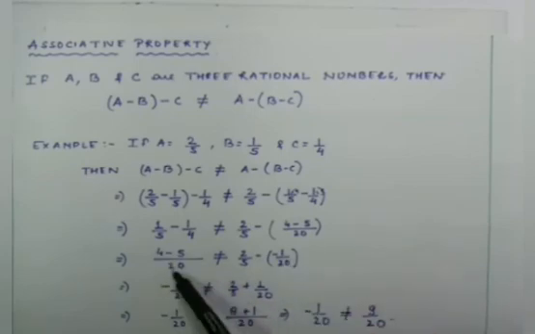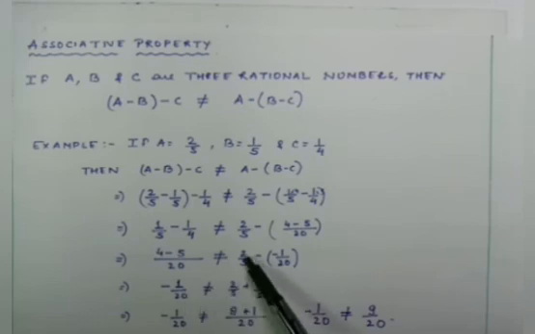So 4 minus 5 upon 20 makes minus 1 upon 20. This is not equal to 2 upon 5 minus, inside the bracket, minus 1 upon 20. Since the minus sign is outside the bracket, when I open the bracket the sign will change. It will become 2 upon 5 plus 1 upon 20. Now I will find the LCM of 5 and 20. It will be 20. So 5 4s are 20, 2 4s are 8. 20 1s are 20, so 1 into 1 is equal to 1. So minus 1 upon 20 is not equal to 9 upon 20.